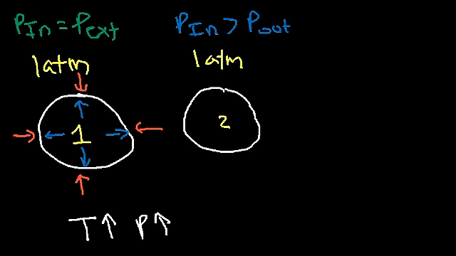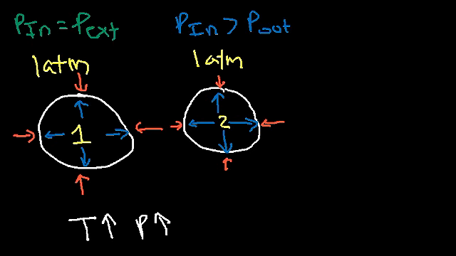So that means the internal forces are greater than the external forces. If the forces on the inside exceed the forces on the outside, notice that the blue arrows are larger than the red arrows. What's going to happen? Well, the balloon is going to expand, if the inside forces are pushing it outward and are greater than the outside forces, which are trying to compress the balloon.